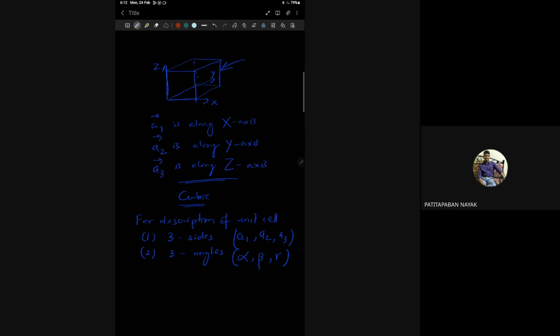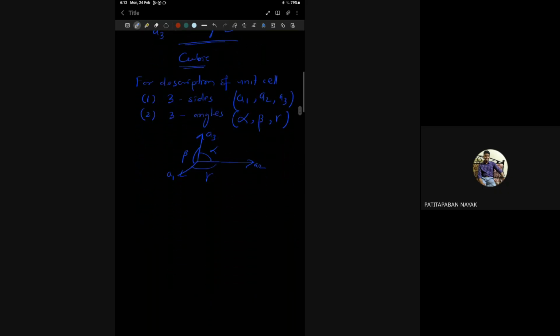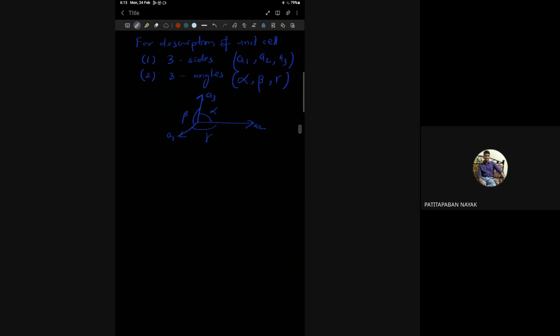If we try to understand what alpha is, if we have three vectors, a1, a2, a3, then between a2 and a3, the angle is alpha. Between a1 and a3, it will be beta. And between a1 and a2, it will be gamma. With that in mind, what are the possibilities?